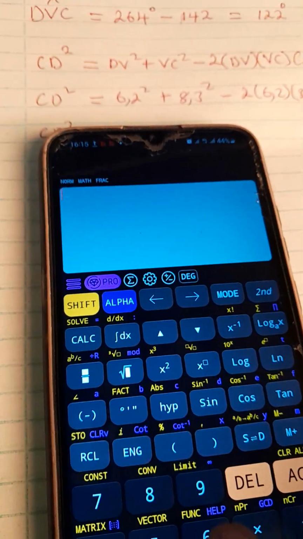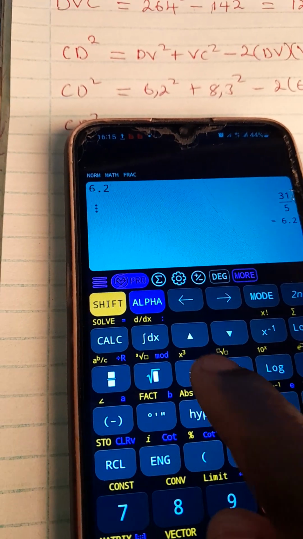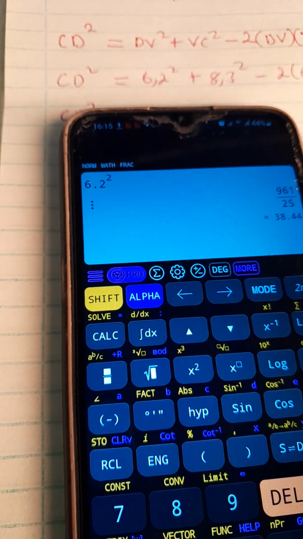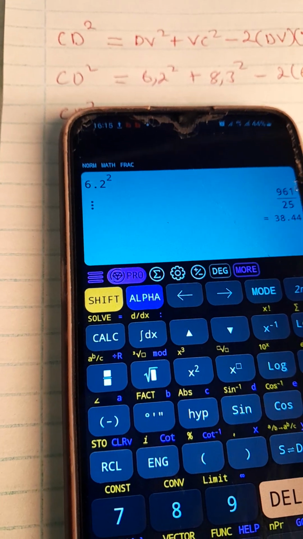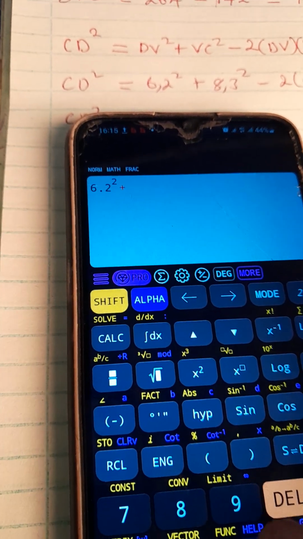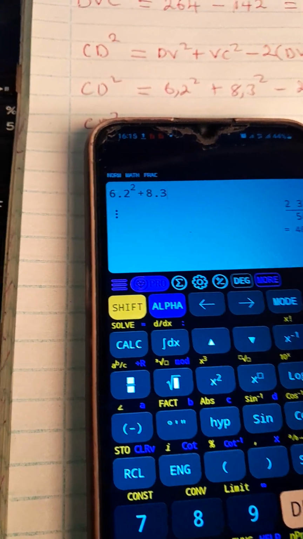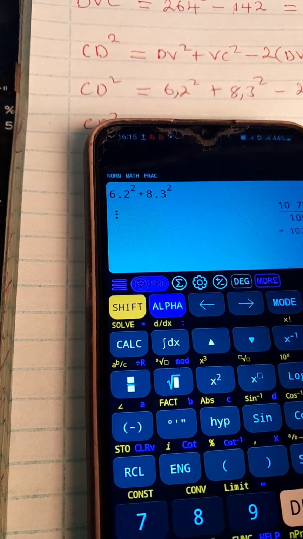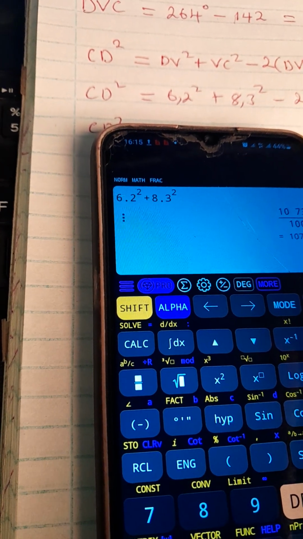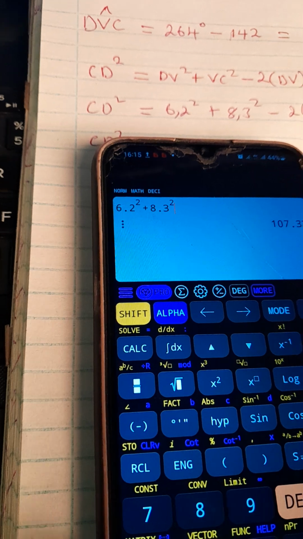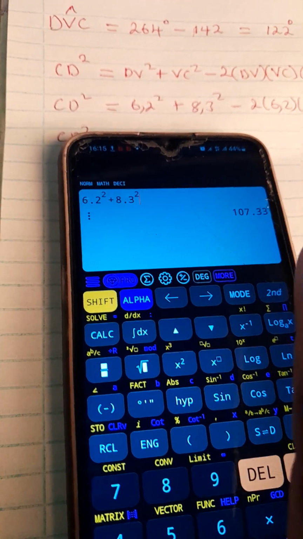So 6.2 squared plus 8.3 squared, we get 107.33.